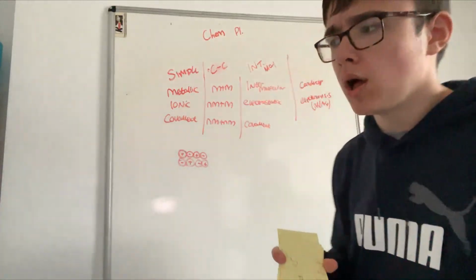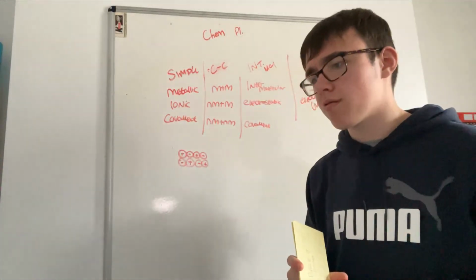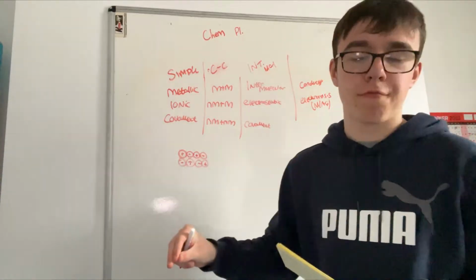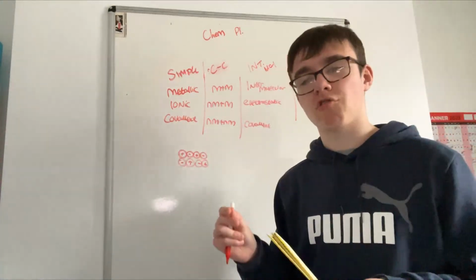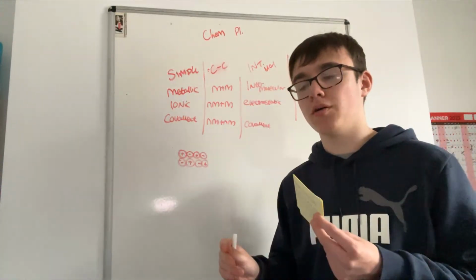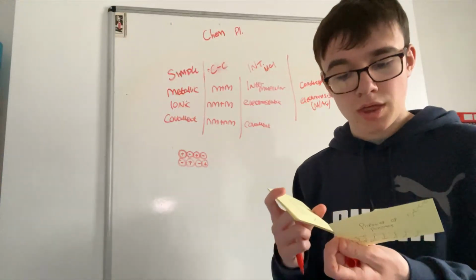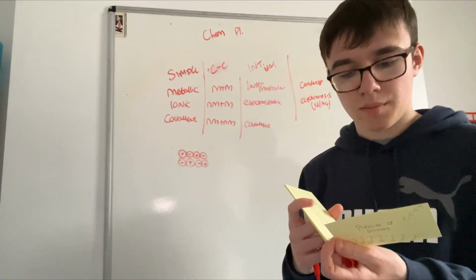Polymers. The properties of polymers, I'm going to assume, are purely based off the chain length. If you have a long chain length, it's going to be strong bonds. If you have a tiny chain length, it's going to be weak bonds. So it's intermolecular bonds.